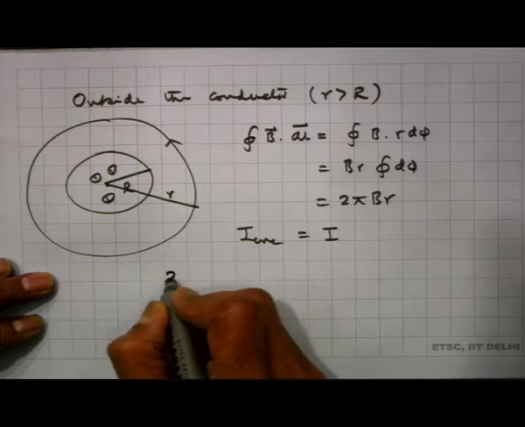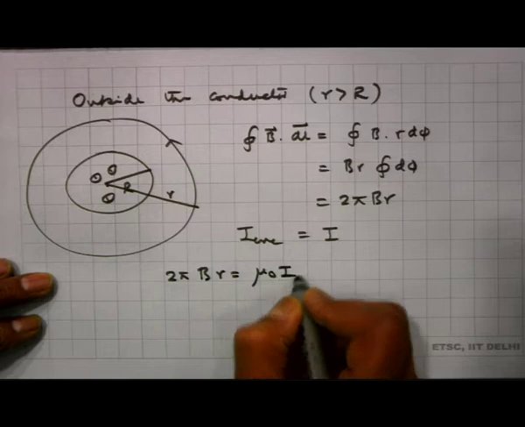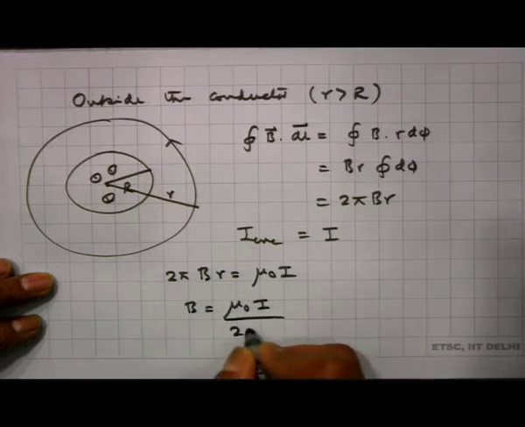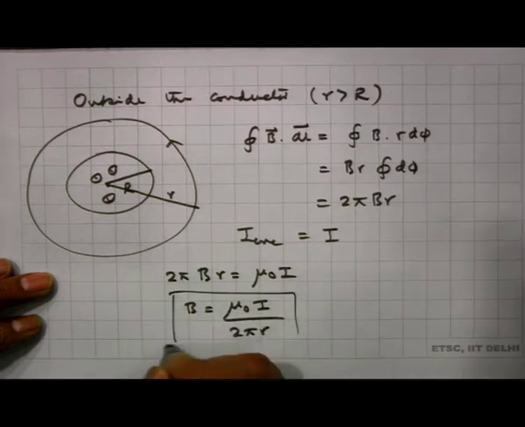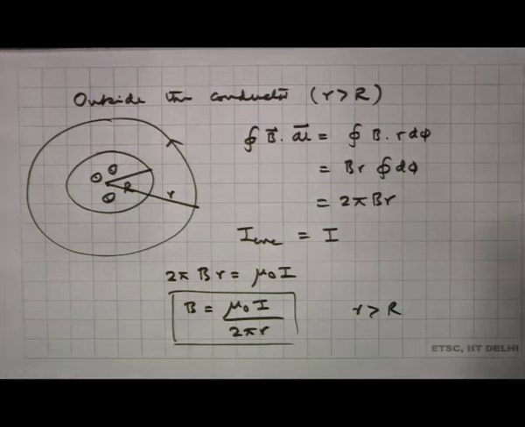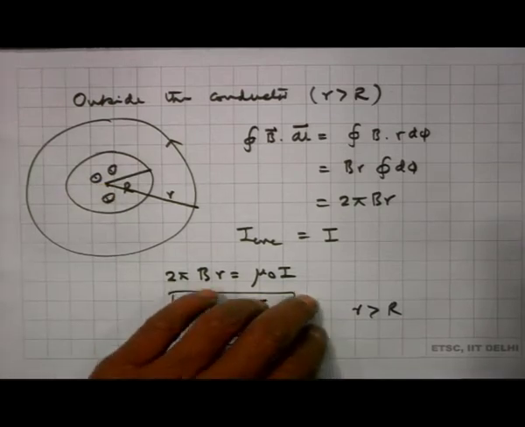So, I get 2 pi B r is equal to mu naught I, or B is equal to mu naught I by 2 pi r. And this is the same as the magnetic field produced by a conductor carrying current I. So, it does not depend on the size of the conductor. Outside the conductor, the magnetic field is as if the entire current was passing through the center of the current carrying conductor. So, I have got the two expressions here.